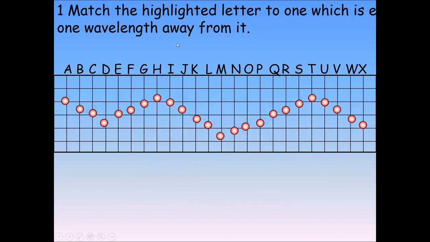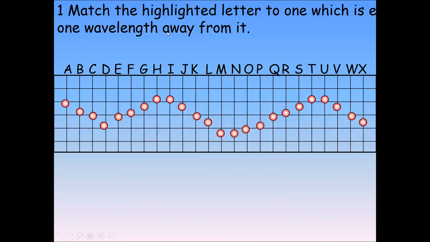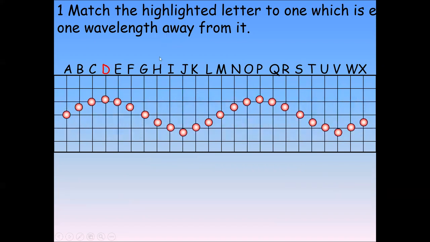Okay, another example of a transverse wave. We have to work out which points are a wavelength apart. For D, which point is a wavelength apart? You can use the chat to state the answer, and I want participation from everyone. Which point is a wavelength apart from D?